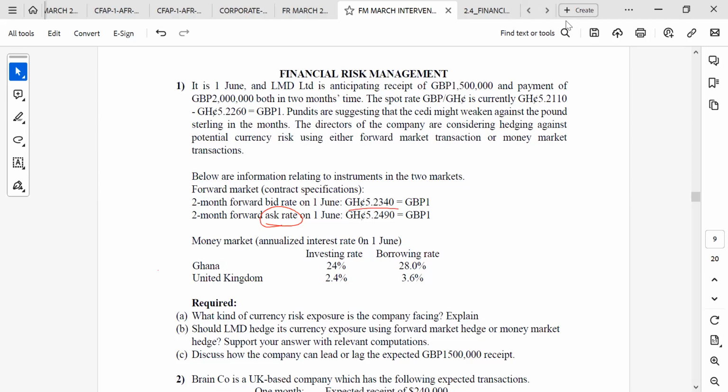But right now, it is the customer that will be paying. So they will be buying the pounds from the bank with Ghana cedi. So the bank will be selling to them at 5.24. That is the forward rate that is being agreed today for 2 months' time. So you use this amount to multiply the 500,000. That will give you the amount under the forward.